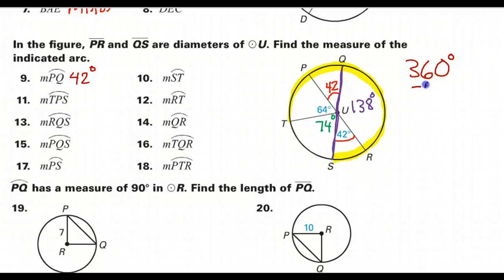So I could just take 360 minus the 74 degrees, and that's going to give me the yellow angle TPS. That turns out to be 286 degrees. But if you didn't like that subtracting thing, you could add up these four angles and that would be the same thing.